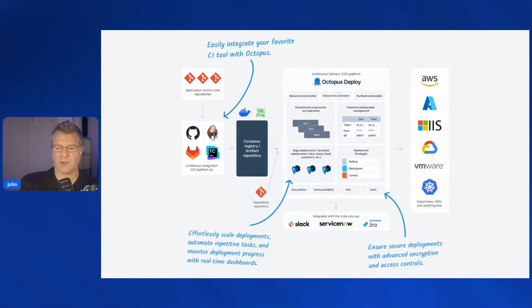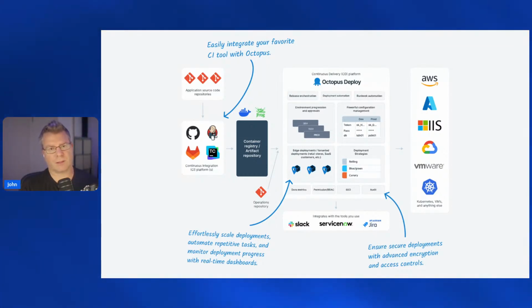And so the idea is with Octopus, you can now delegate that responsibility over to Octopus Deploy, and there you'll have an ability to scale out your deployments, execute automated repetitive tasks, and of course, get a really well thought out approach to doing deployments. In addition to that, everything is monitored, everything is auditable, so you can see who did what and when and why.